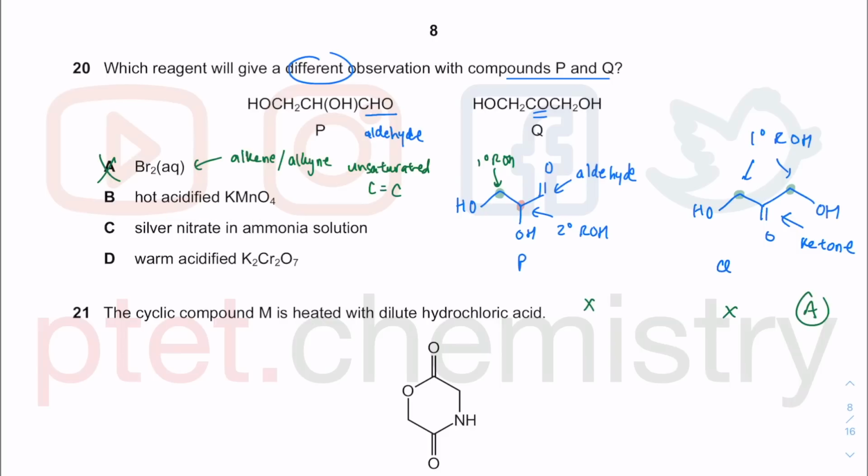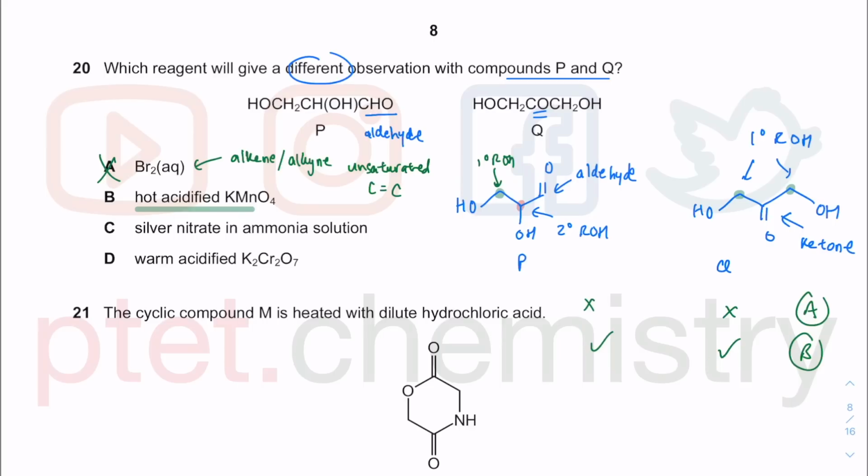Hot acidified KMnO4 is a strong oxidizing agent. Alcohols that can be oxidized will be: primary alcohol gets oxidized all the way in this extreme condition to carboxylic acid, and secondary alcohol will be oxidized to ketone. The aldehyde can be oxidized to carboxylic acid, so both of them will undergo oxidation in the presence of that oxidizing agent.